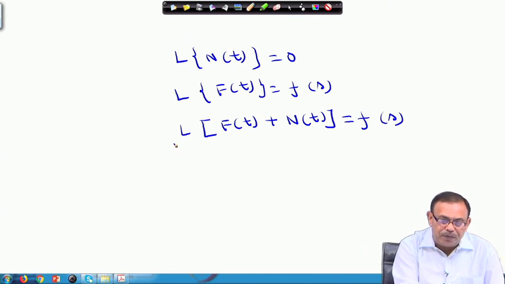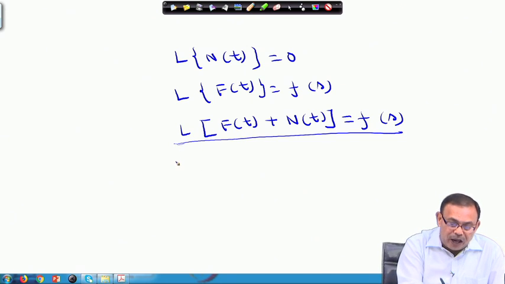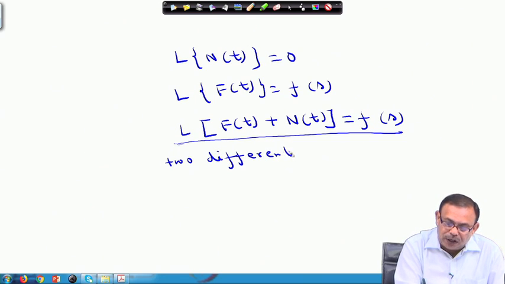What is the meaning of this line? The meaning of this line is you may have two different functions, right?